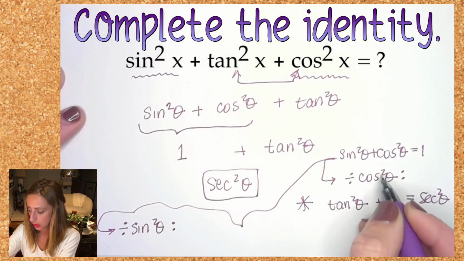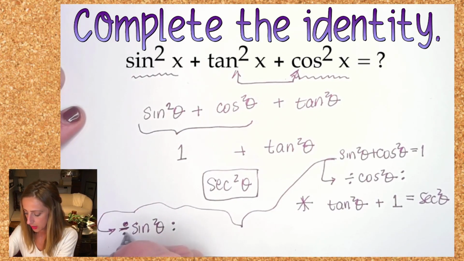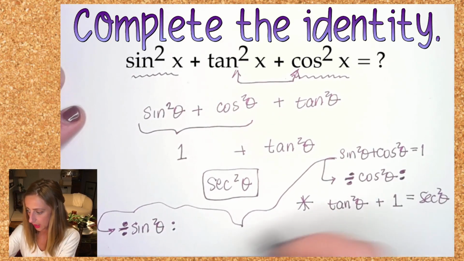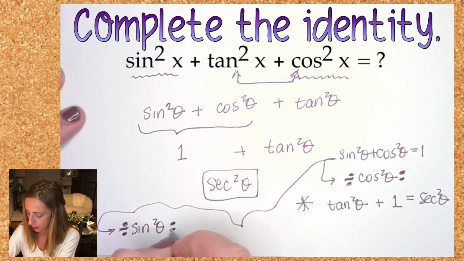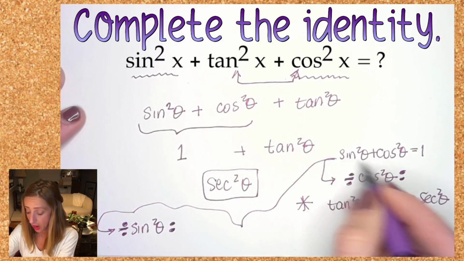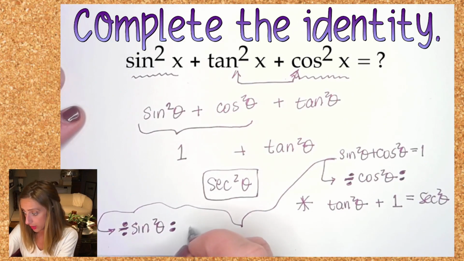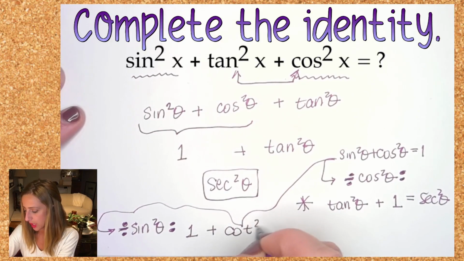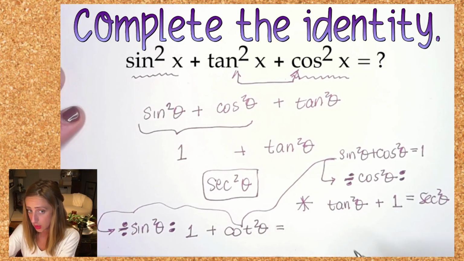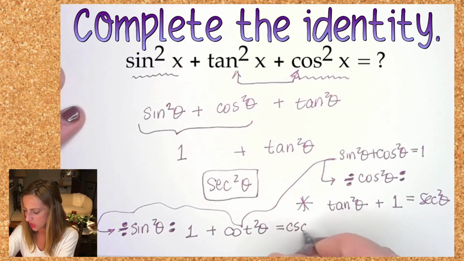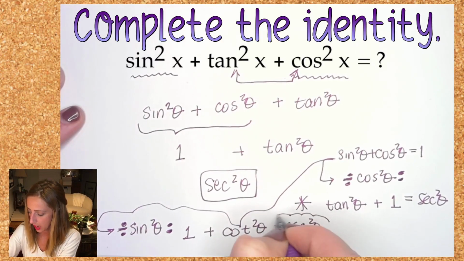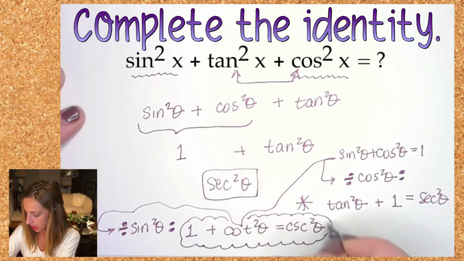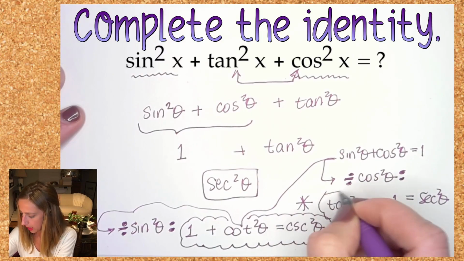If I do, sine squared divided by sine squared is 1, plus cosine squared over sine squared is cotangent squared theta, and 1 divided by sine squared is cosecant squared theta. So there you have it, Pythagorean identity numero 3. Okay, so that's the third one, and here's the second.